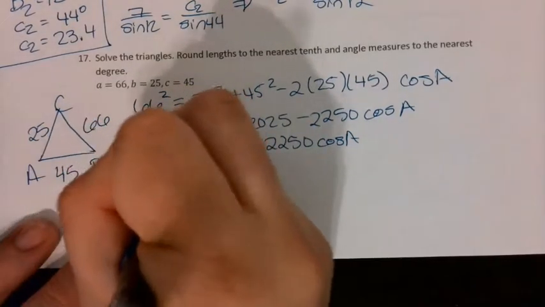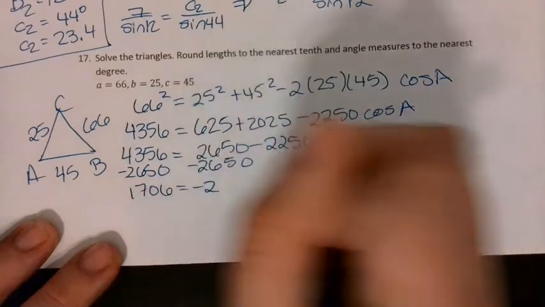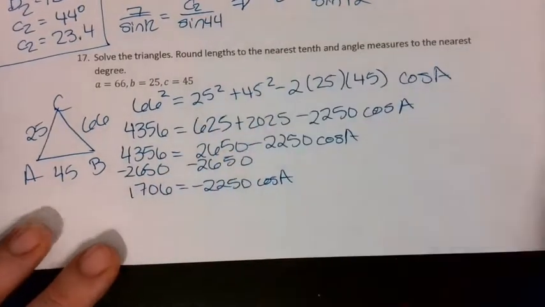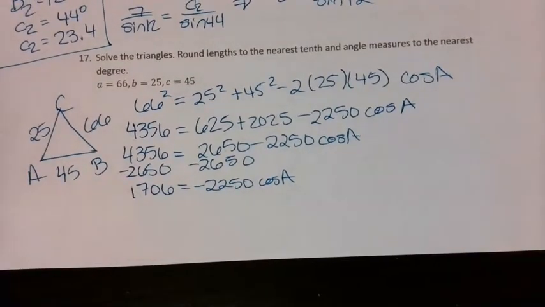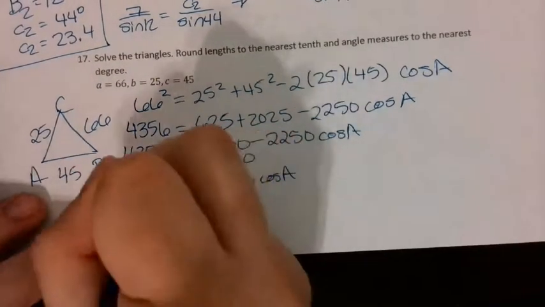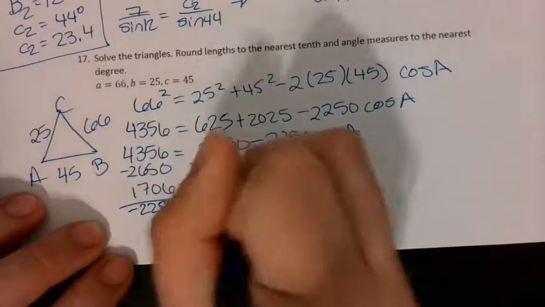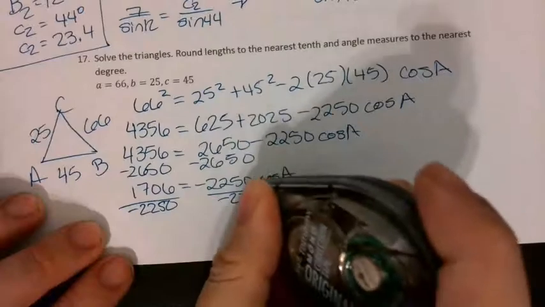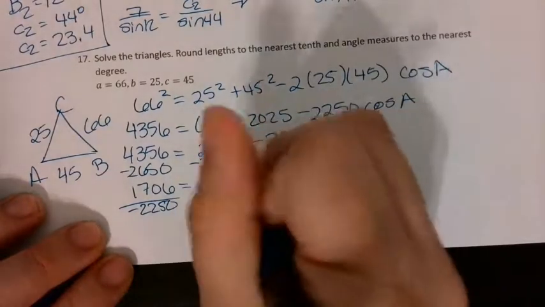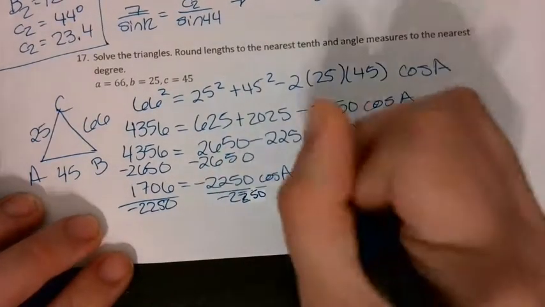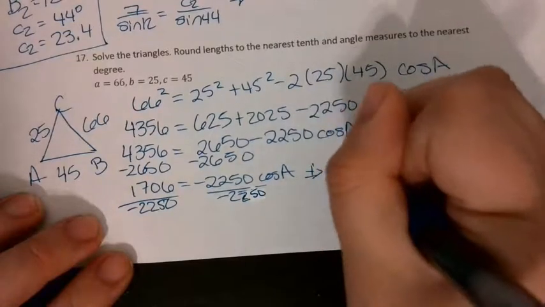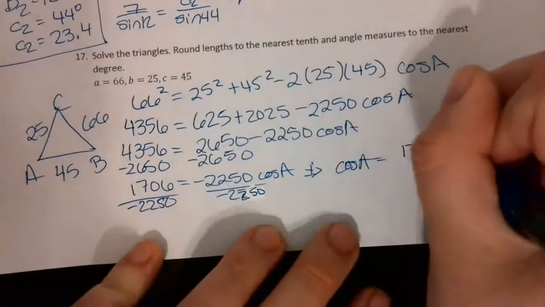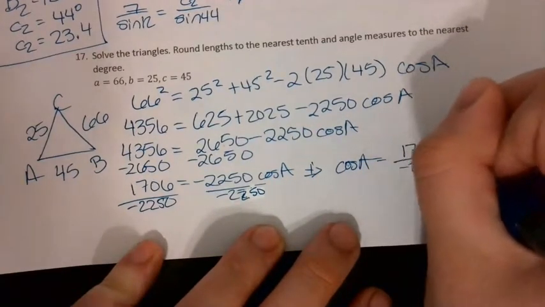I get 1706 on the left equals negative 2250 cosine A. Then I want to divide by the negative 2250. So that gets me cosine A equals 1706 divided by negative 2250.